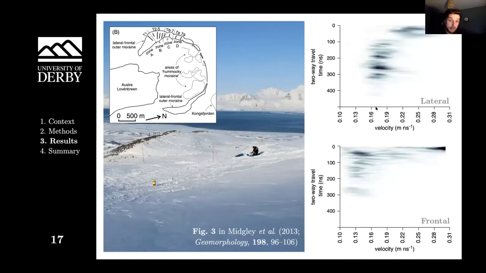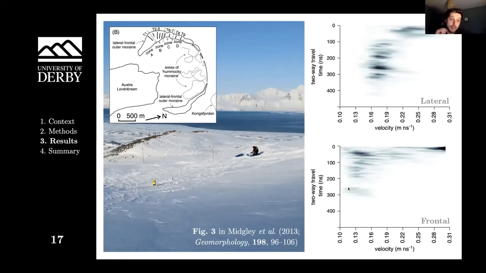The rate at which the radio waves propagate through the subsurface relates to that subsurface composition. So in this top plot, you'll notice we've got values clustering around 0.17, whereas on this lower plot, which was derived from the frontal sections of the moraine, you can see we've got much lower velocities.